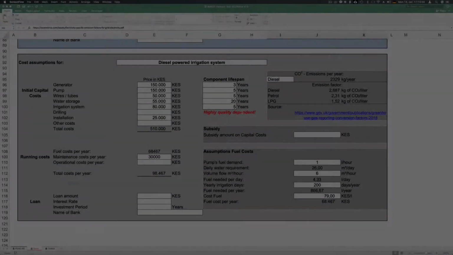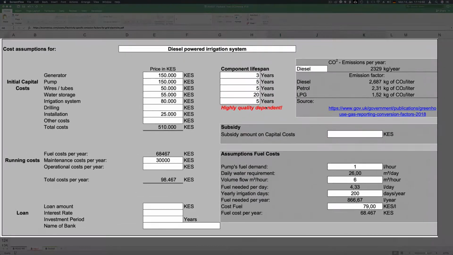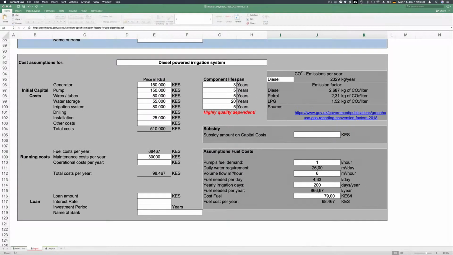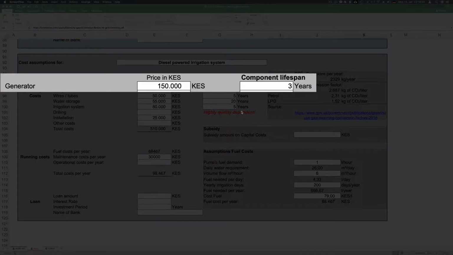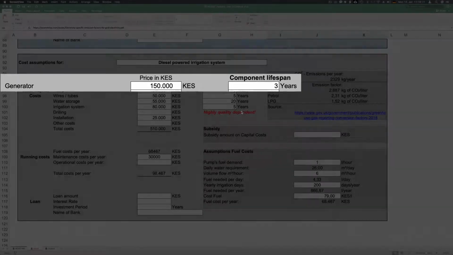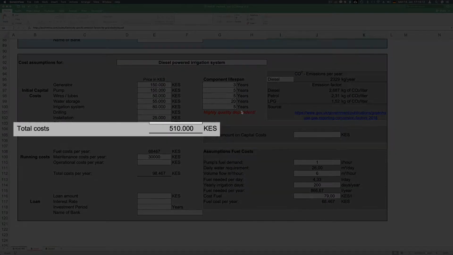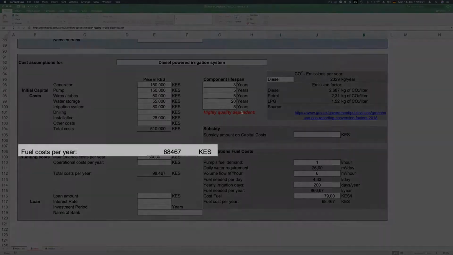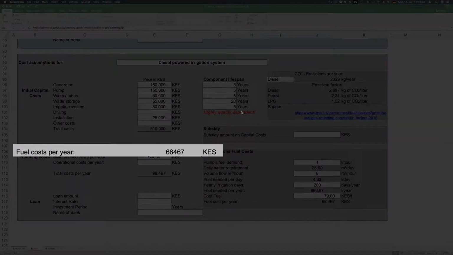The last cost assumption is for a diesel-powered irrigation system. The generator costs are given in this case as 150,000 Kenyan shilling, and the generator has a lifespan of 3 years. This gives total costs for the investment of 510,000 Kenyan shillings. Fuel costs amount to 68,467 Kenyan shilling.